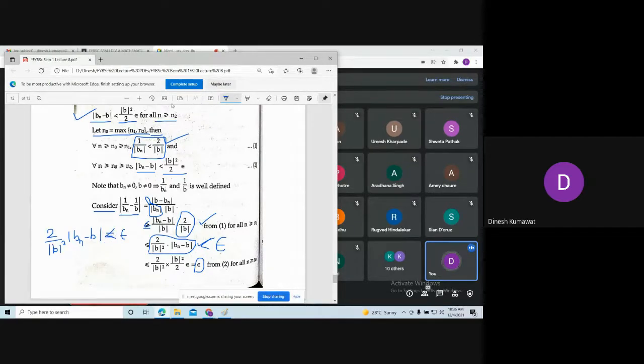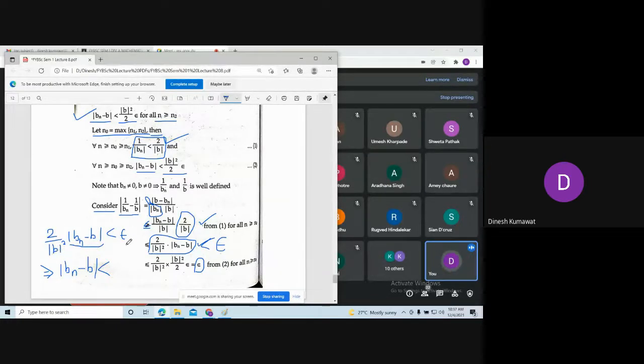Let me consider it as less than only, because in the definition we are having the less than symbol. So you consider this, and after considering this you try to obtain the relation in terms of bn minus b. So I can write mod of bn minus b is less than what?